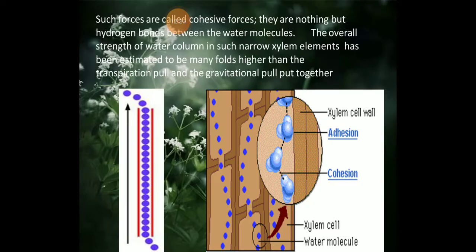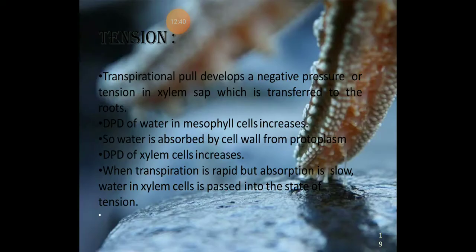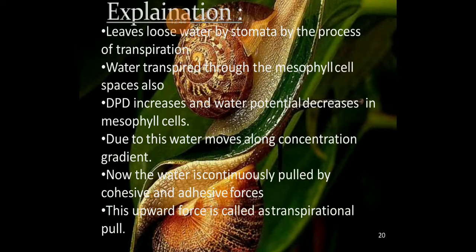These are some diagrammatic representations to explain the cohesion and tension theory. So these are the steps. First, when the root absorbs water through the xylem, the water will be conducted, and due to the decrease in the DPD, the water potential decreases.